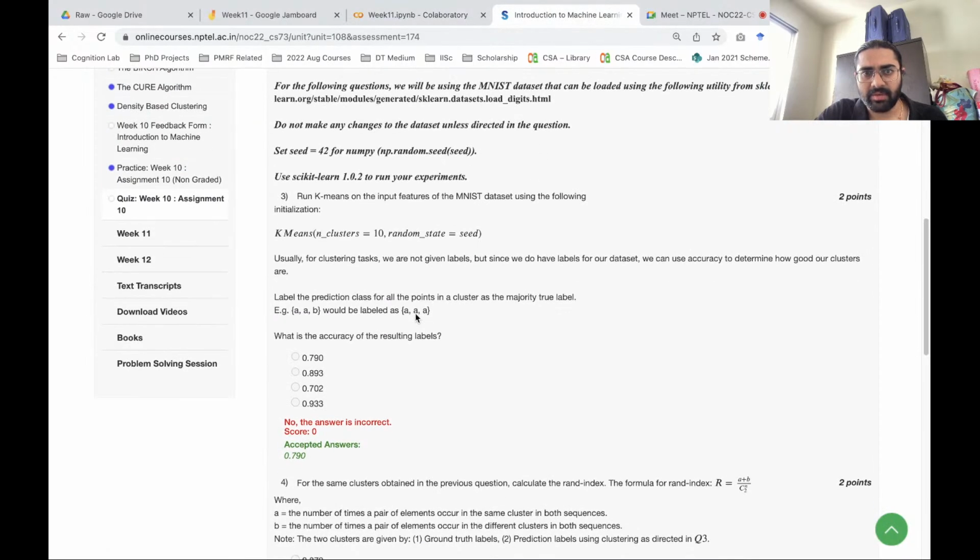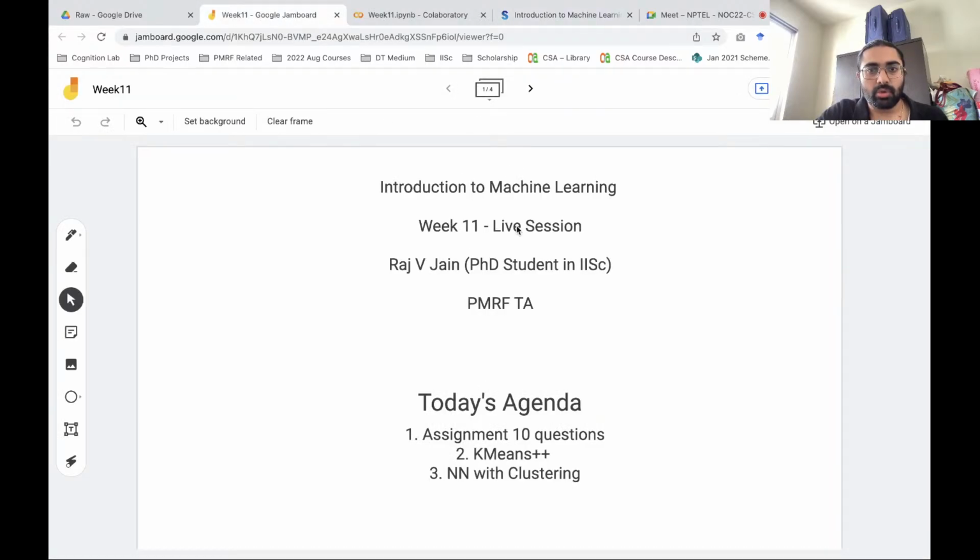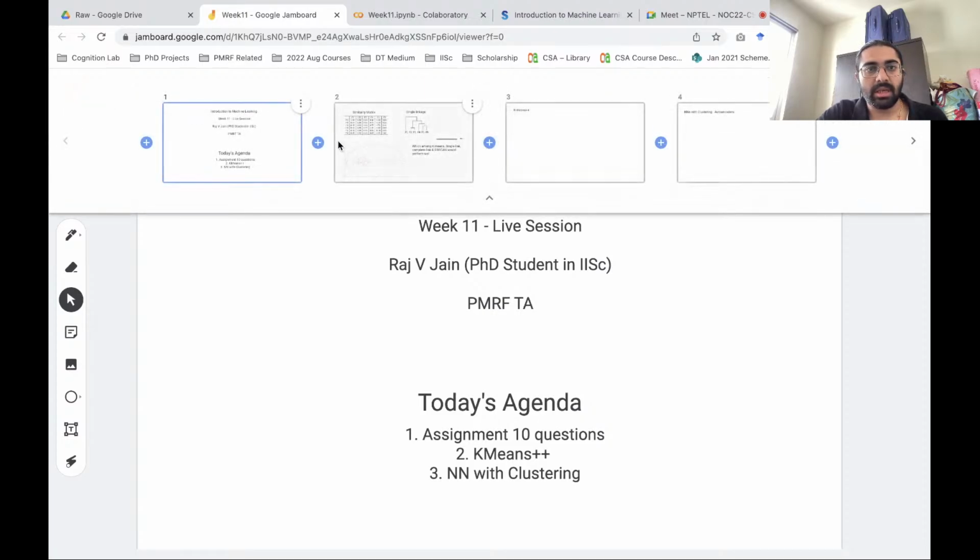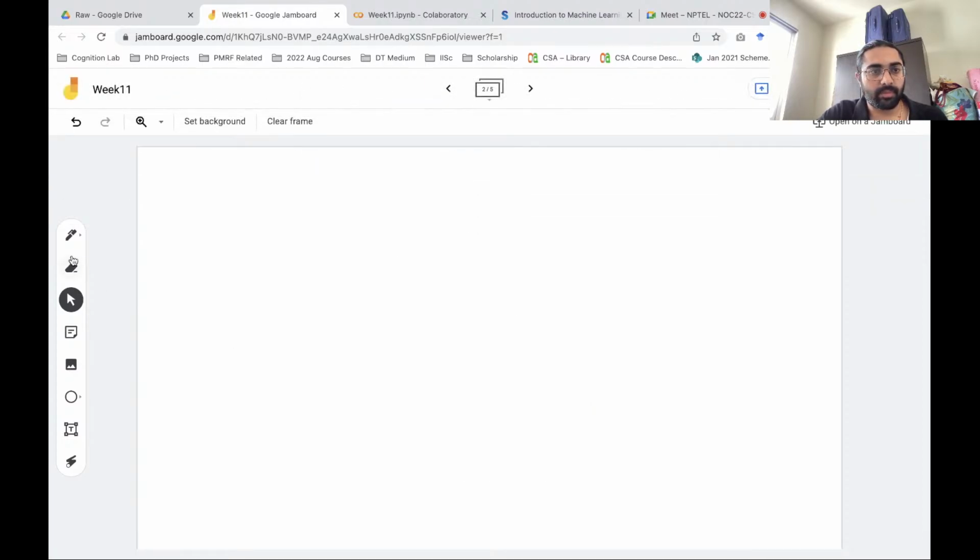And what they've asked is to label the prediction class for all the points in a cluster as the majority true label. So what that means basically is, let's say the true labels are like this, for example.